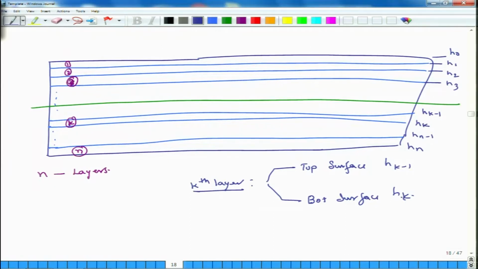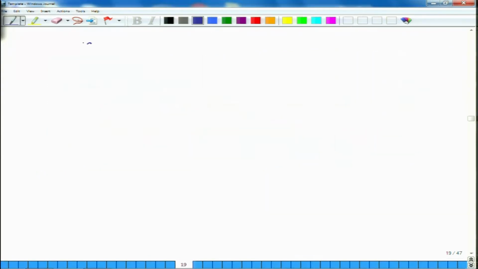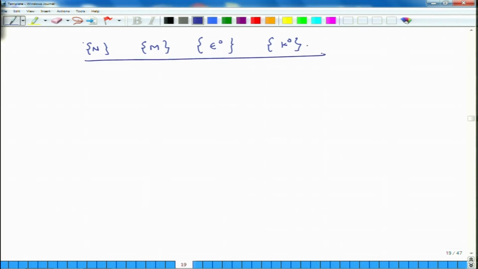This is the convention we are going to follow. With this convention in mind, now we start developing the relation between N, M, mid-plane strain and mid-plane curvatures. So, we will link these entities.